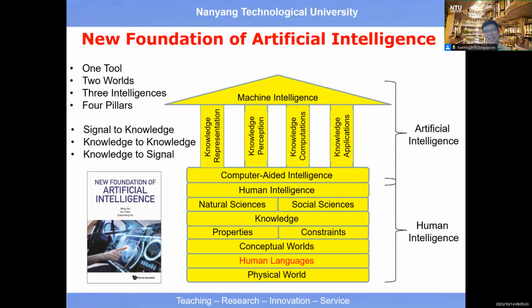Three means there are three types of intelligence, right? The first one refers to human intelligence. For human beings, we have intelligence. I guess all of us know, right? The second intelligence is computer-aided human intelligence. So we must pay attention to this second intelligence.